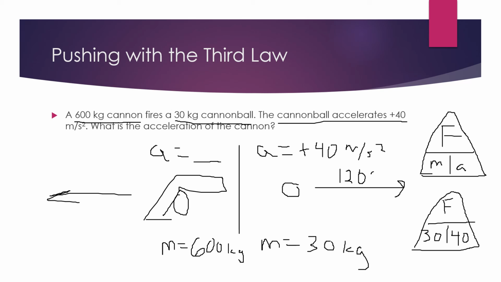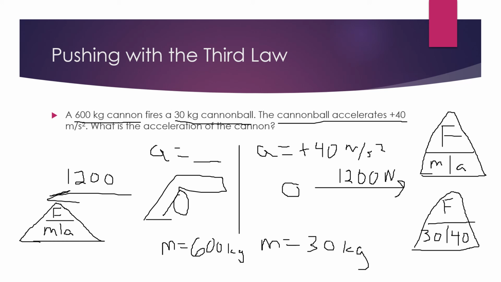If this is 1200 to the right, that means this arrow has to be 1200 to the left. Equal and opposite forces. So I can use another FEMA triangle to solve for the acceleration. Check it out.